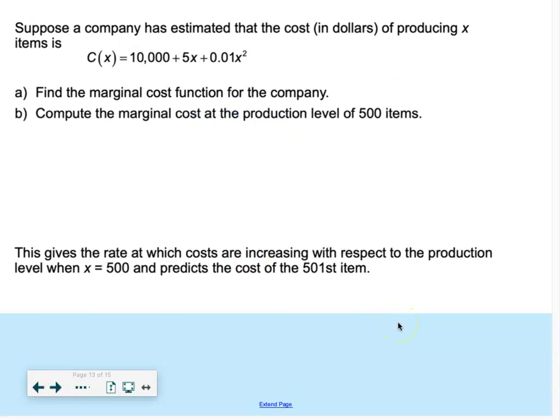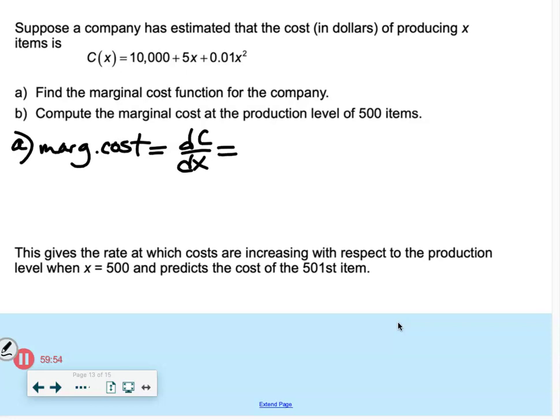we are given a cost function of 10,000 plus 5x plus 0.01x squared. So the marginal cost, which is dC/dx, or C prime. Take a minute and find C prime.